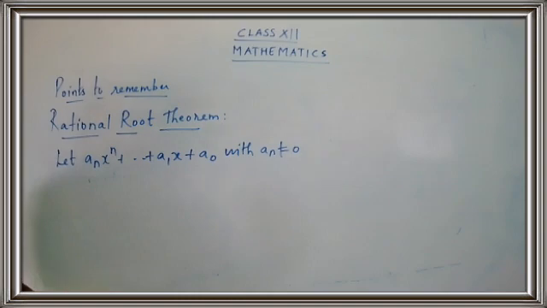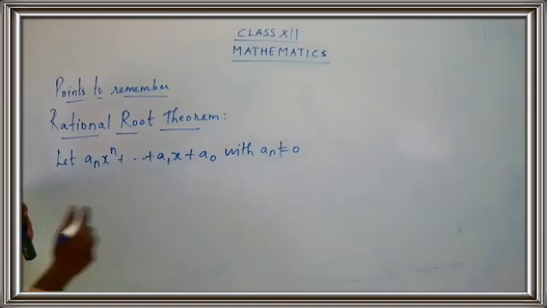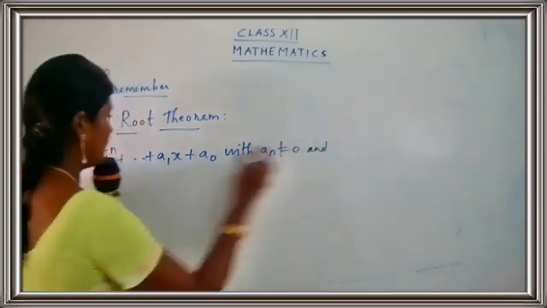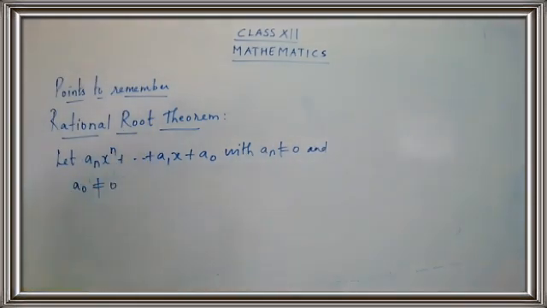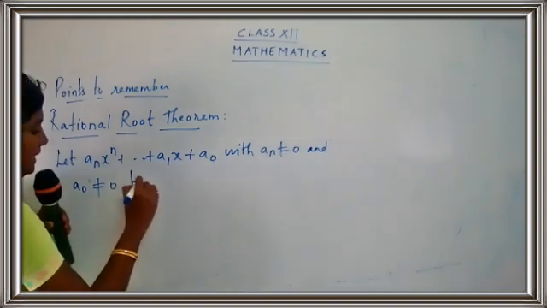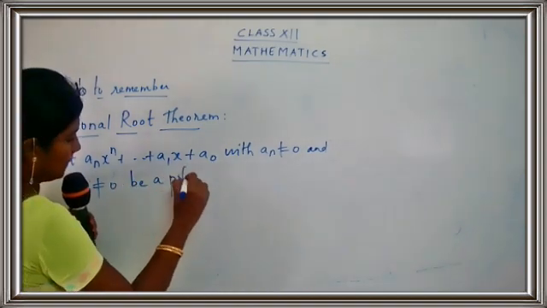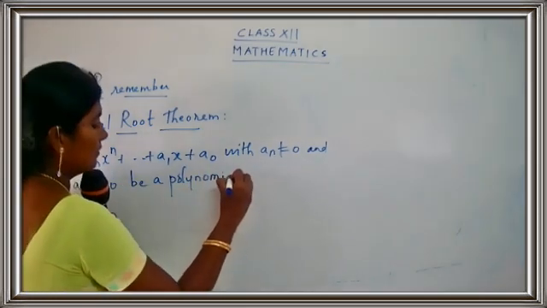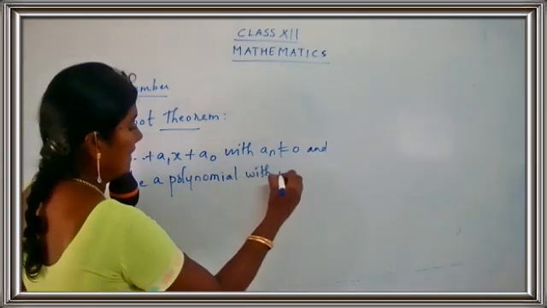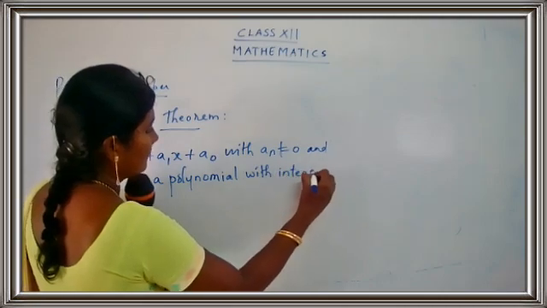Other coefficients can be 0, but the first and the last coefficient should not be 0. Be a polynomial with integer coefficients. You may ask, ma'am, you are saying it should not be 0 and also that it is an integer coefficient. For the first and the last, zero is not applicable. For others, you can have it. Be a polynomial with integer coefficients.